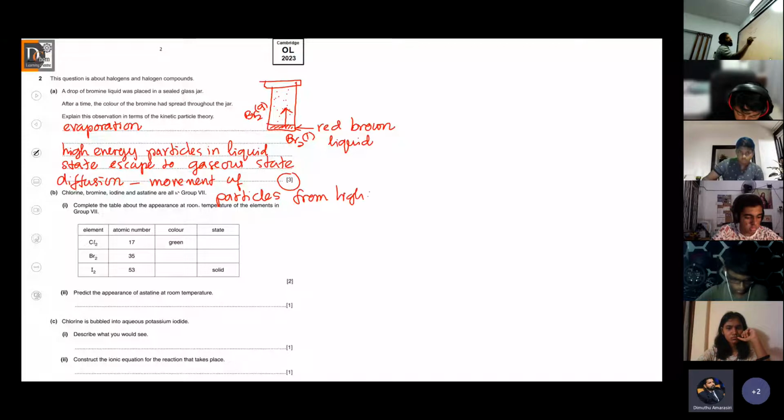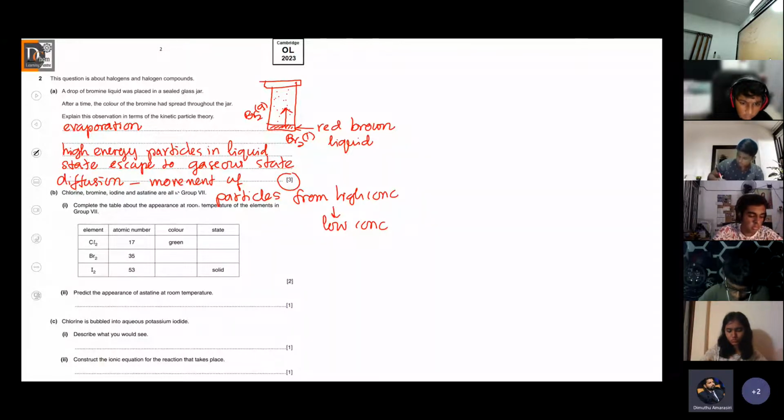So I gave a detailed answer. And why does it happen? Because of the random movement of particles. Gas particles are always in constant motion in all directions. So they can collide and move into the space available.